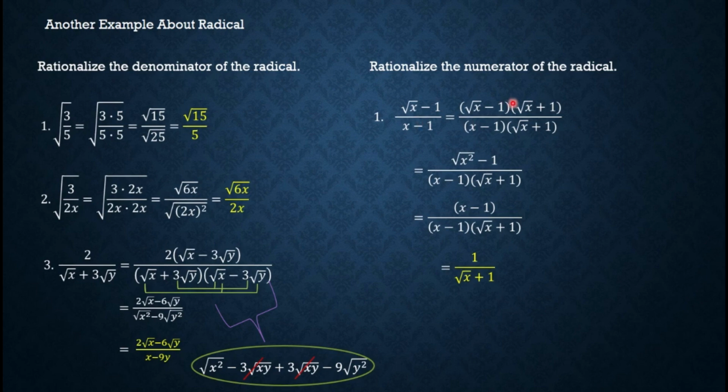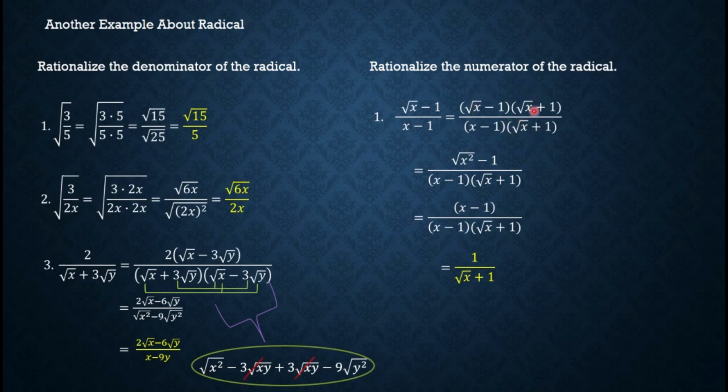Multiply numerator and denominator by this conjugate. So, quantity of square root of x minus 1 times the quantity of square root of x plus 1 over the quantity of x minus 1 times the quantity of square root of x plus 1.